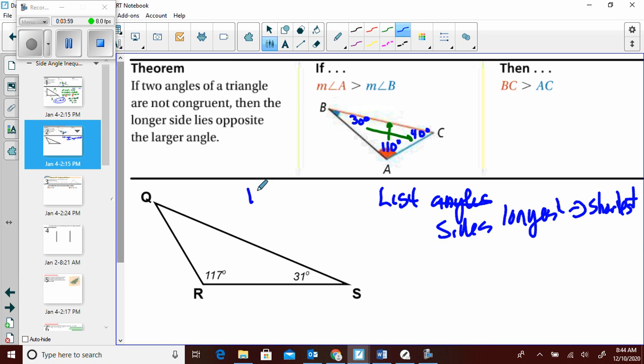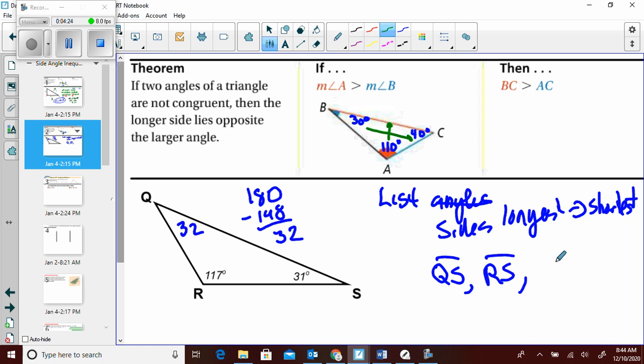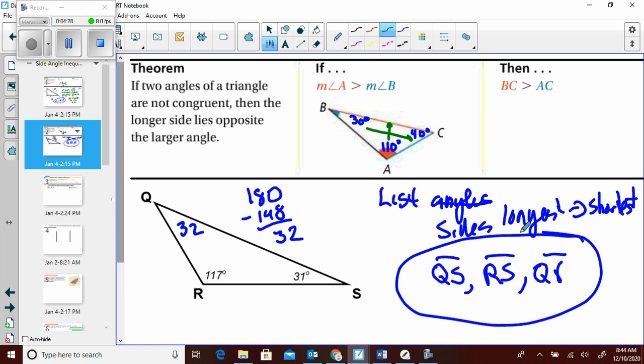So I'm going to have to do 180 minus 148, which gives me 32. So my longest side is QS. It's across from R. Then my next longest is RS. And then QR, because QR is across from the shortest angle.